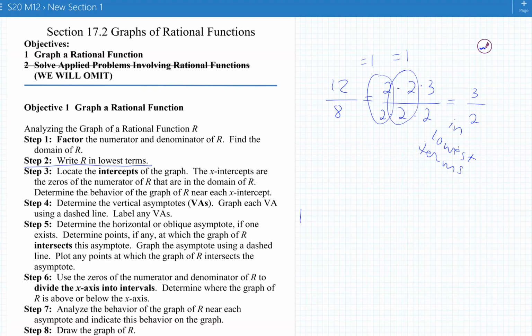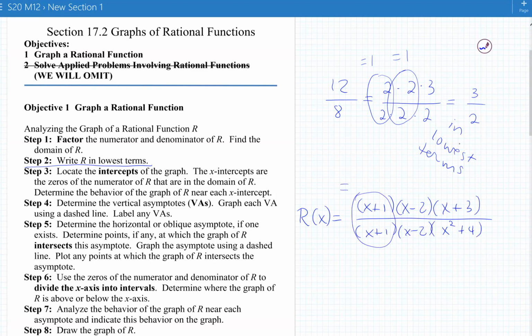So if you have a polynomial in the numerator that factors to x plus 1 times x minus 2 times x plus 3, and a polynomial in the denominator that has matching factors with the one in the top, x plus 1 over x plus 1 is always 1, x minus 2 over x minus 2 is always 1, and so in lowest terms, and we should give this a different name because it's actually a different function, x plus 3 over x squared plus 4.